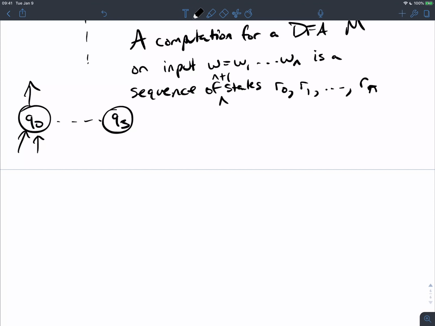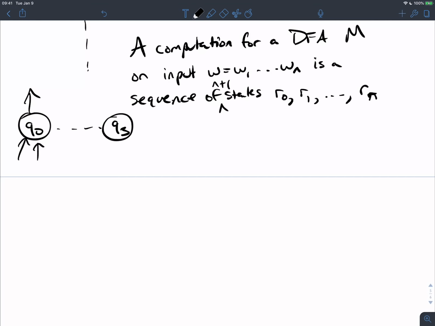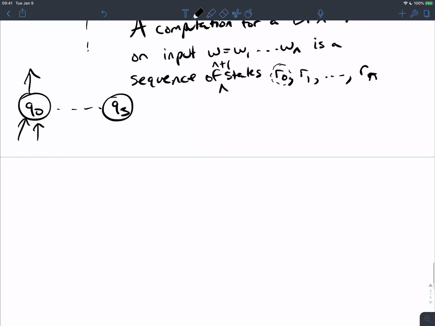Am I allowed to jump states without going through the arrows? No. So we need to restrict what types of sequences we're allowed to see. Can the starting state R0 be different from the start state? Can I start in a different place than the start state? No, that doesn't really make sense.